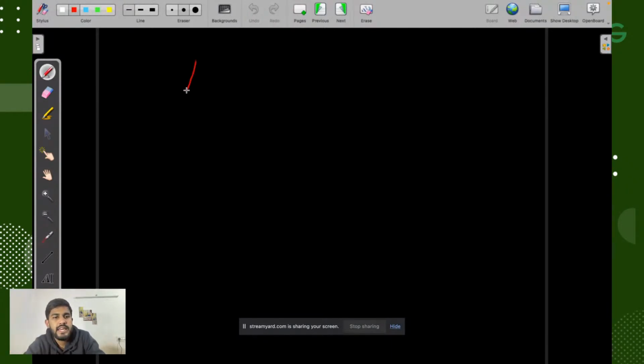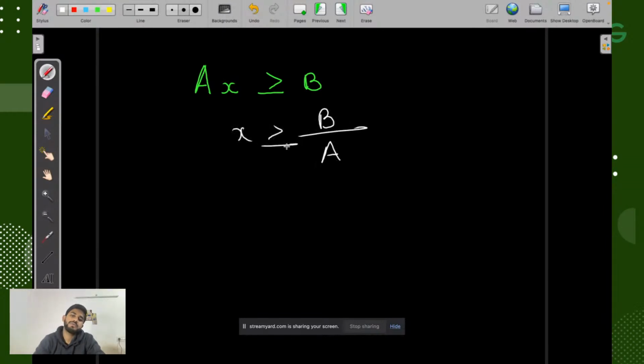So a is repeated x times so that it is a substring. That means ax is greater than b. So we can say that x is greater than or equal to b divided by a. Simple enough. Am I clear or not?